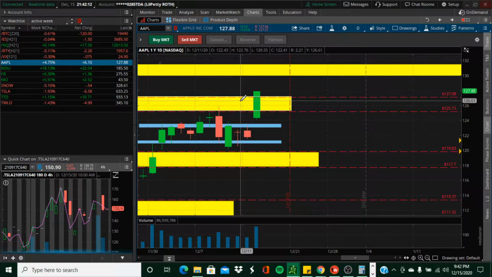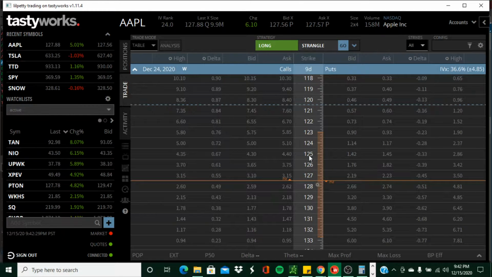If you did a call credit spread, that means you're bearish, and if you did a put debit spread, that means you're bearish too. So let's break all that stuff down. I know it sounds like a lot of gibberish, but it's options, so just give it some time.